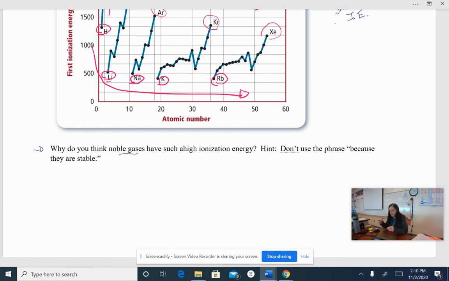We're pulling an electron away. I'll give you a second to think about that. Okay, don't you think as we travel across the periodic table to the noble gas column or group, doesn't our atomic size go down?